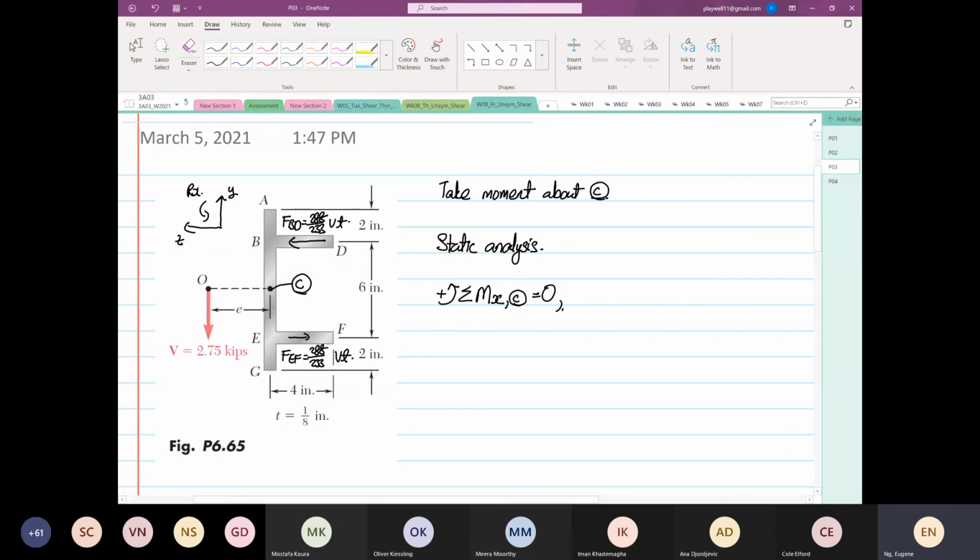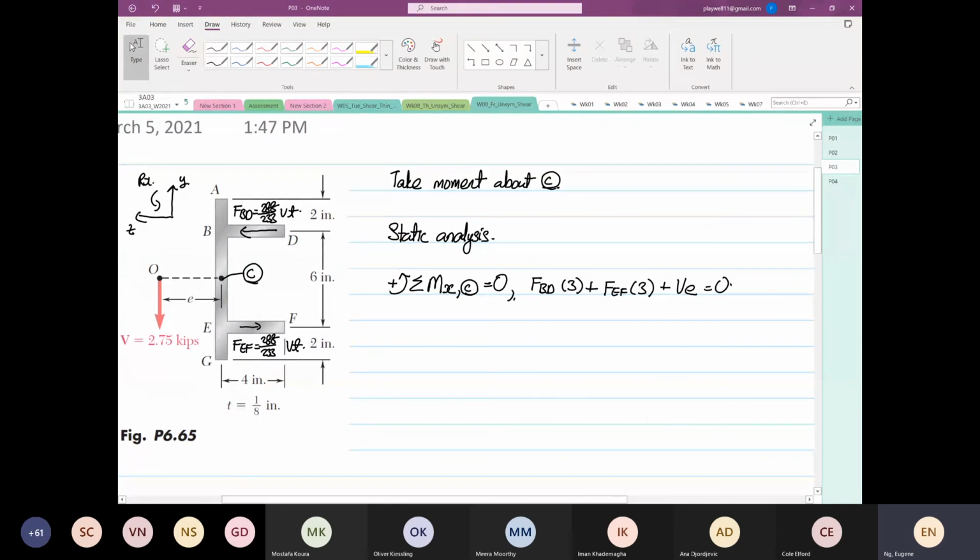So FBD and FEF are both going to generate an anti-clockwise direction, so positive. Let me not confuse you. FBD multiplied by a distance of 3, plus FEF multiplied by a distance of 3. And then over here we have V, and the distance is B multiplied by E. So the whole thing will be equal to 0.